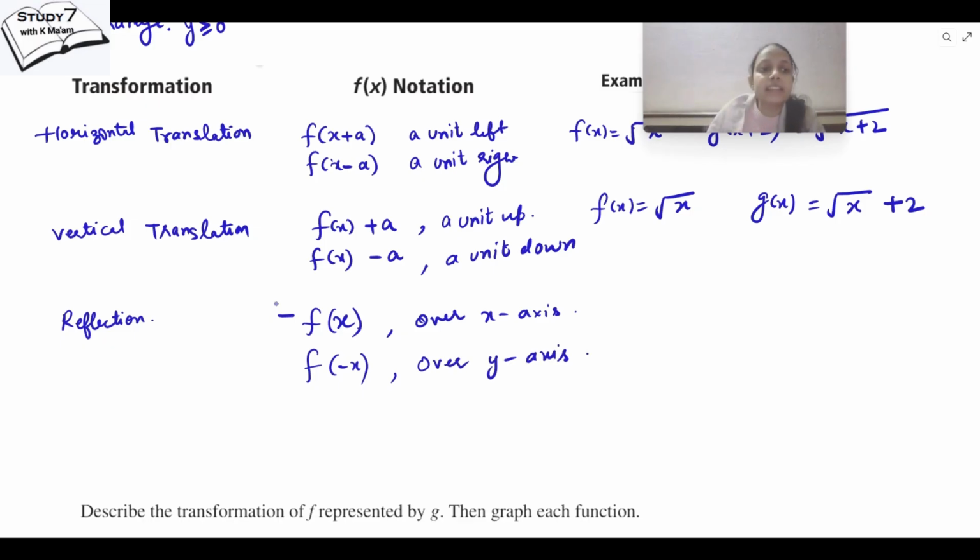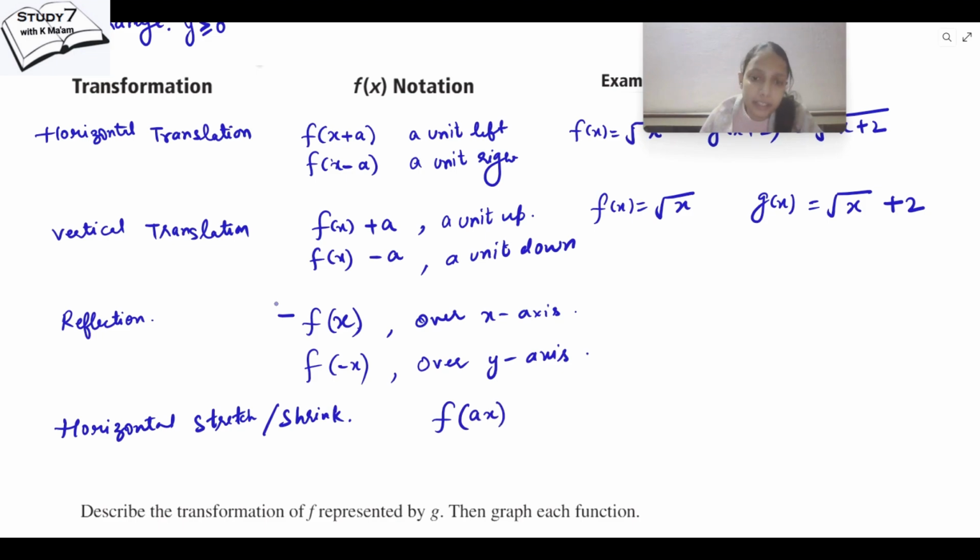Next is stretch and shrink. Stretch and shrink is also of two types. First, horizontal stretch or shrink. If f of x is the original, I multiply x with a, and a is greater than 1, then it is a shrink by factor 1 over a.